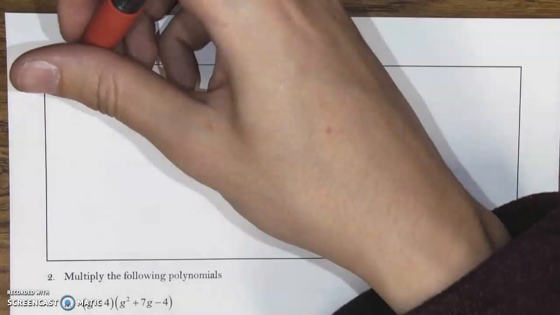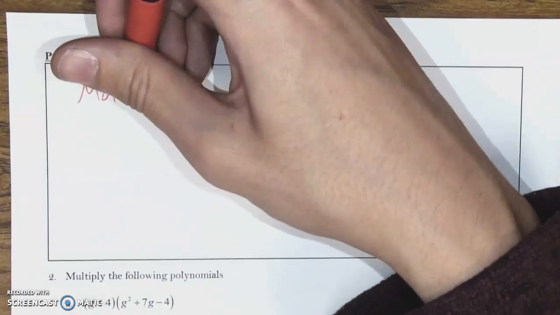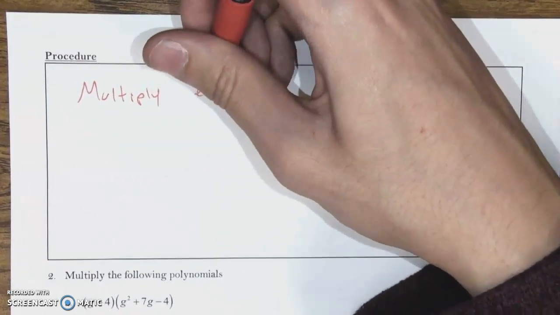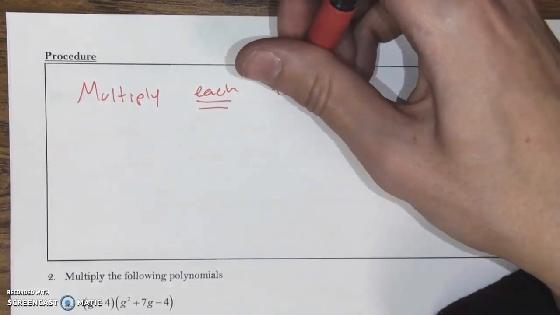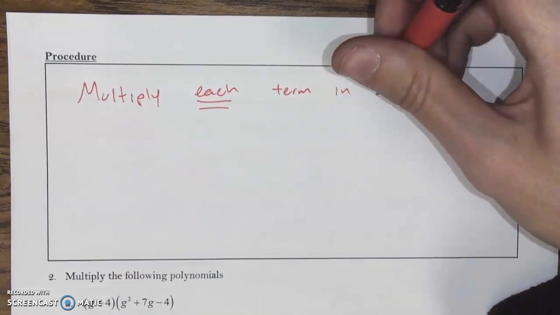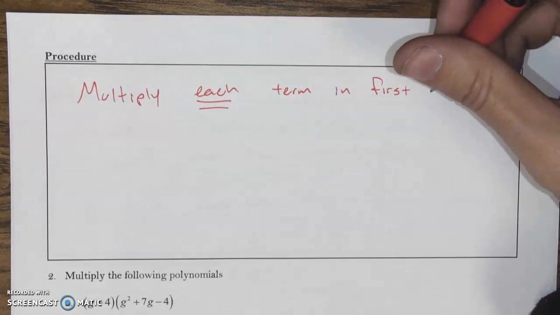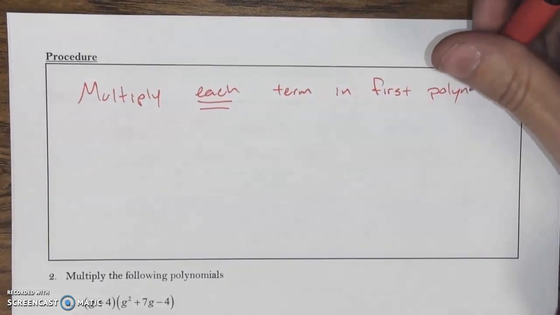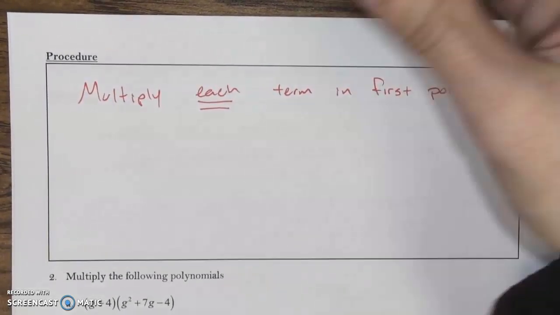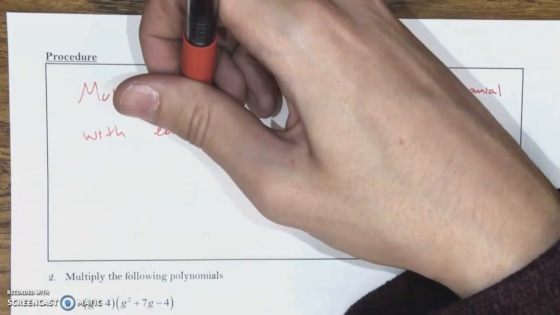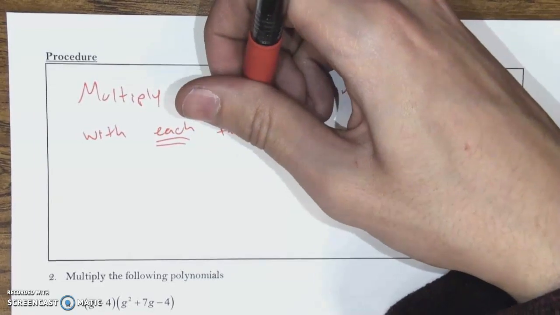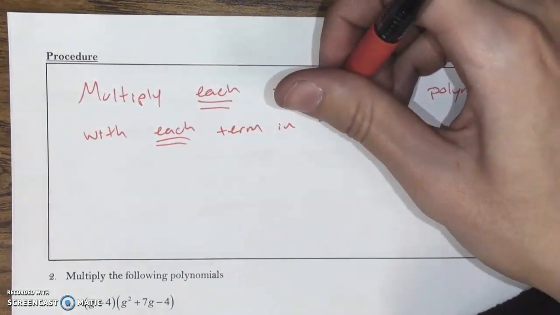In order to do so, we must multiply each term, every single term in the first polynomial with each term in the second polynomial.